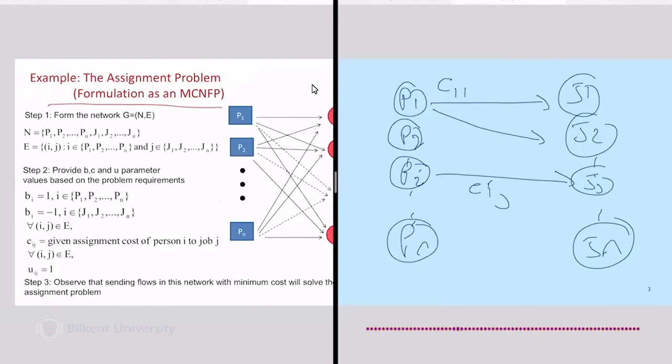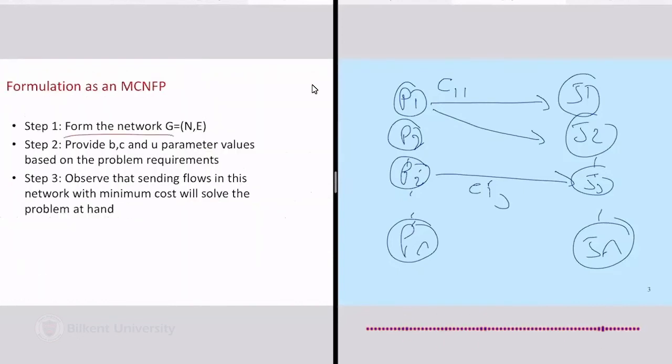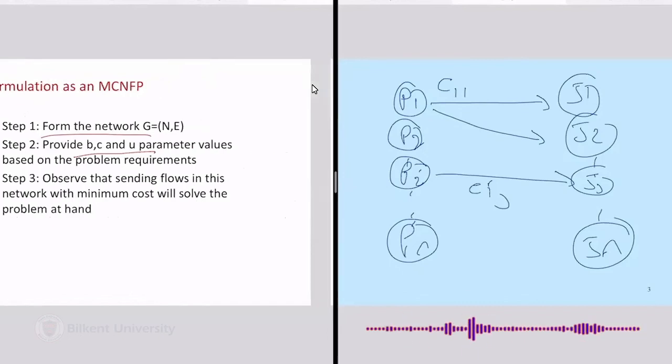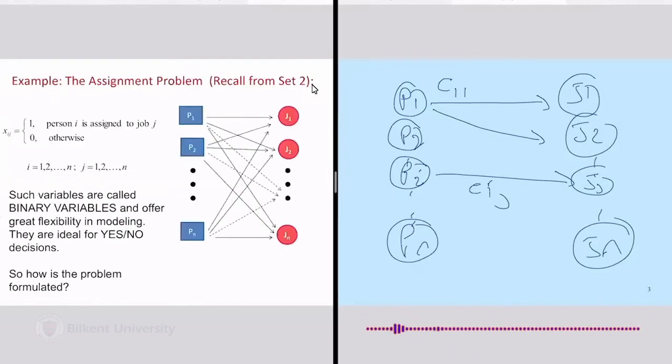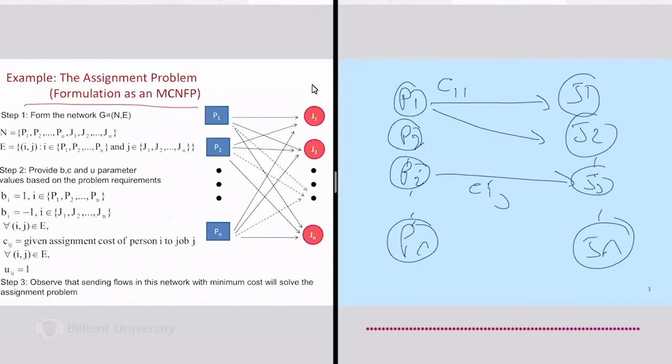Remember, let's go back to the formula. Okay, form the network. I did form the network. Step 2, provide B, C, U. C is done. I'm supposed to find B and U. Now think about it. B is actually the total demand and total supply, right? So what can a person supply? How many jobs can he do? 1. So each person will have a +1, right?